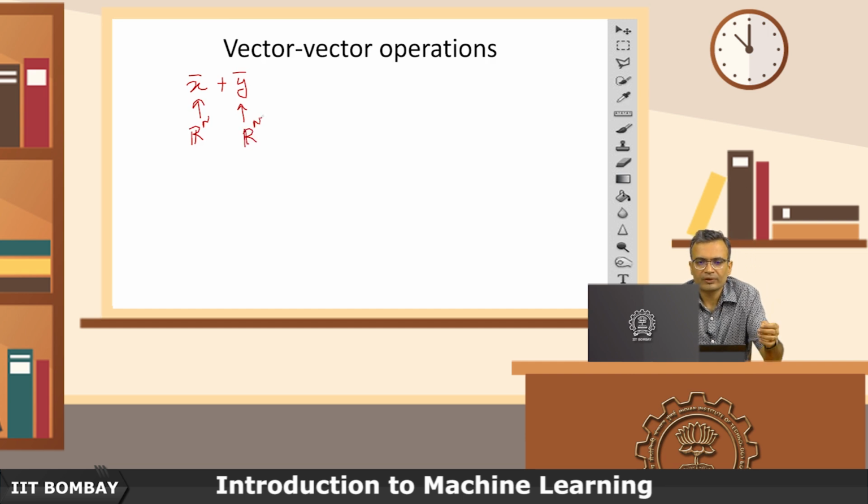If one of them has a different dimension, then this operation is null and void because we would not know what to do with the mismatching dimensions. If these were both two dimensional vectors, the sum would simply be x1 plus y1 and x2 plus y2.